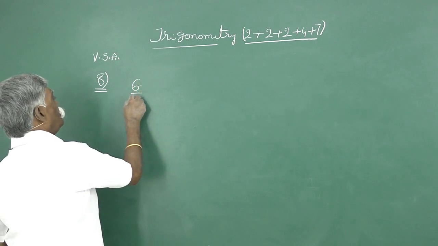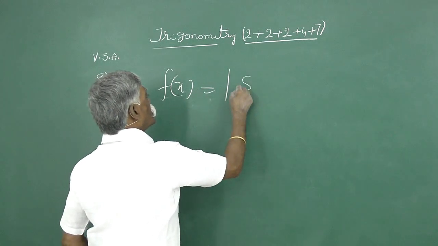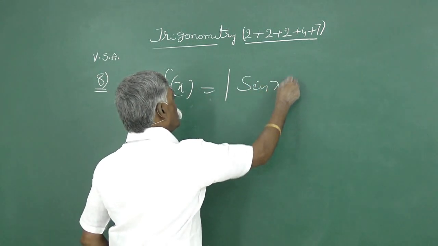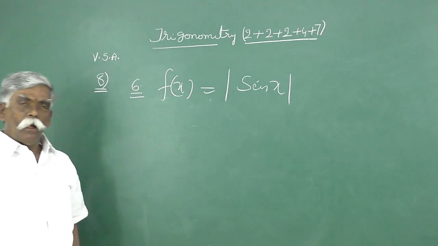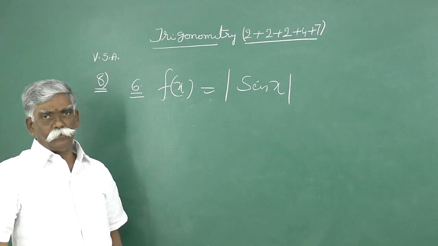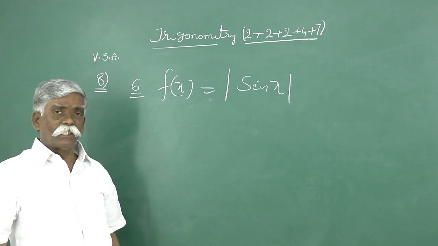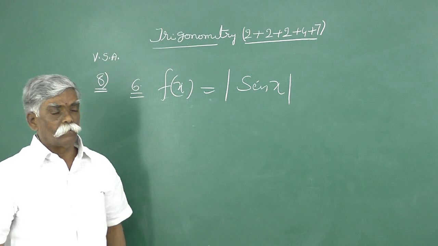Next problem, f of x is equal to modulus of sin x. The period of a sine function is 2 pi, but here it is modulus sin x, so hence its period is only pi.